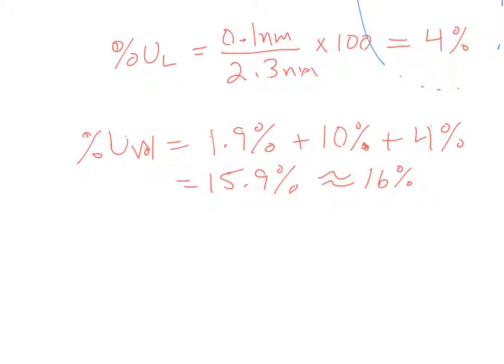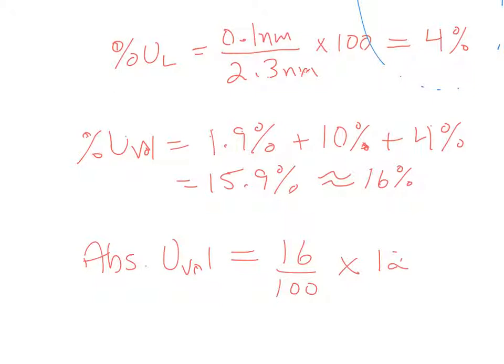So to get my absolute uncertainty for volume, I'm going to have to multiply 16 over 100, because that's 16%, by what I got for my volume, which was 12.2, because it's 12.19. I'm going to just keep it as 12.2, and this is nanometers cubed.